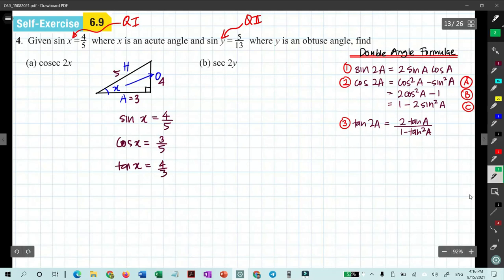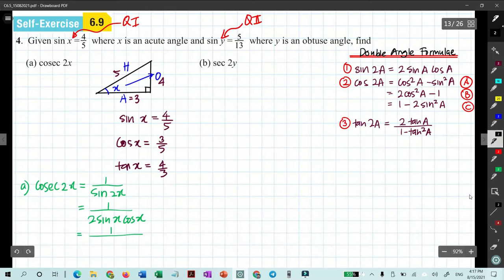So what is cosecant 2x? Cosecant 2x can be expressed as 1 over sine 2x, and sine 2x is 2 sine x cos x. Refer to formula number 1, and we know the value of sine x and cos x from the previous calculation.